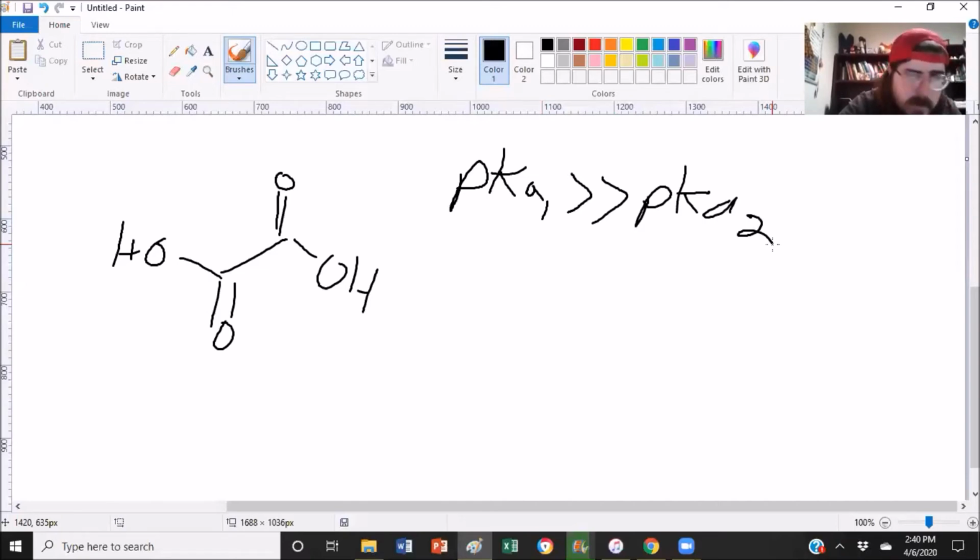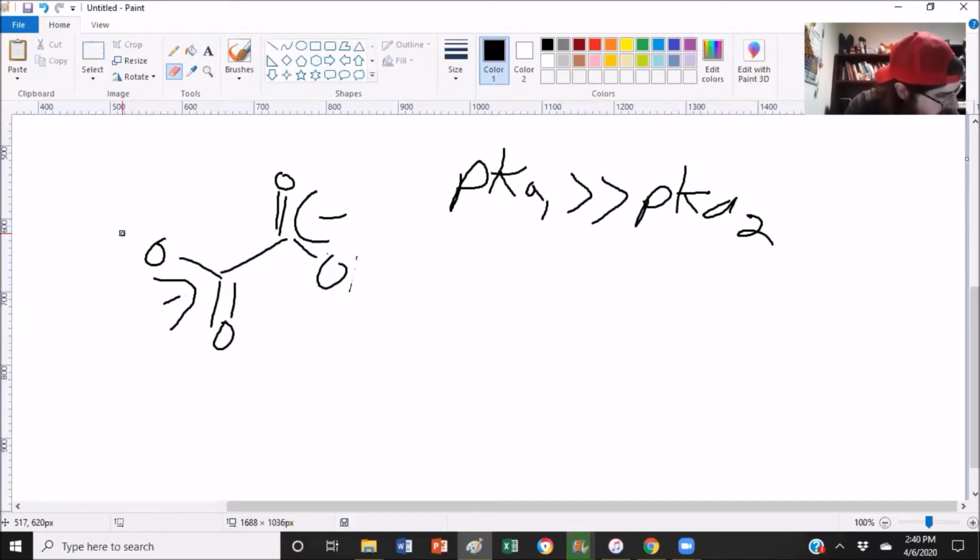This second loss is hindered by the repulsion of two negative charges that are so close together. Even though this can resonate back and forth between the oxygens, you have a lot of repulsion to worry about. Obviously that's going to be mitigated by long chains and whatnot.